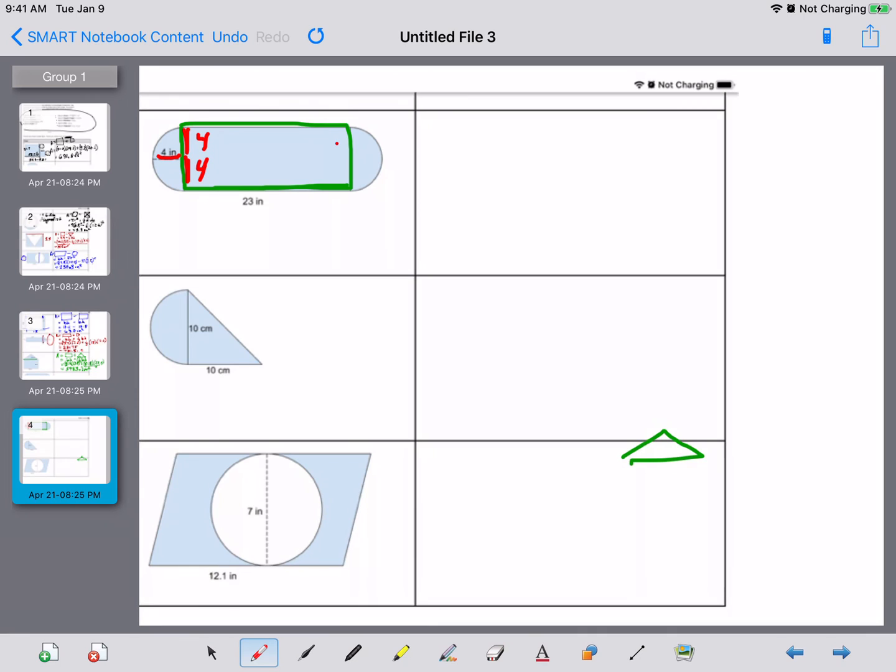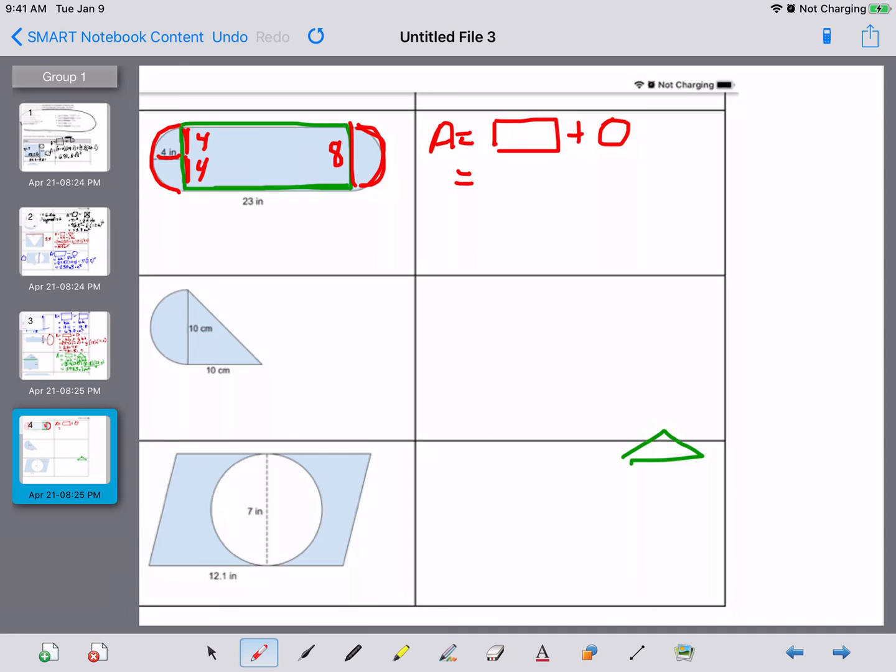So I have an 8 interior side, or I should say a height of 8. Now, this is a full circle if I put these two half circles together. So really this area comes down to be a rectangle plus a full circle. The two halves make a whole.